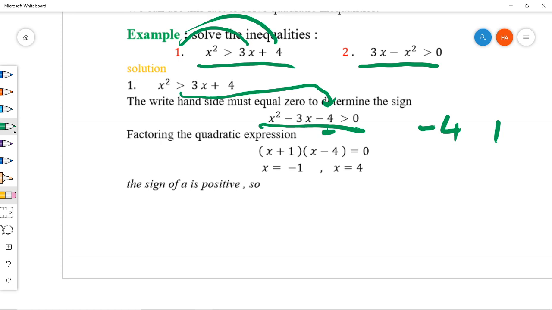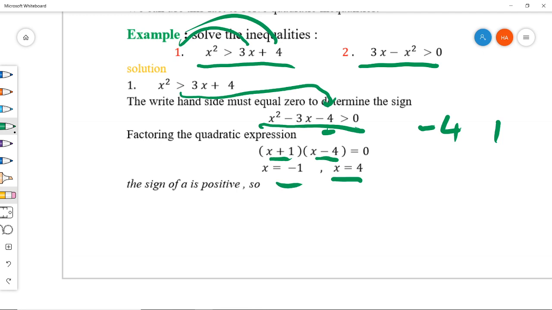Their product is -4 and their sum is -3. So we put them in the bracket here and we get the solutions or the roots of the quadratic expression is -1 and 4.